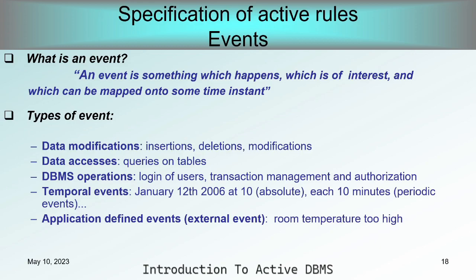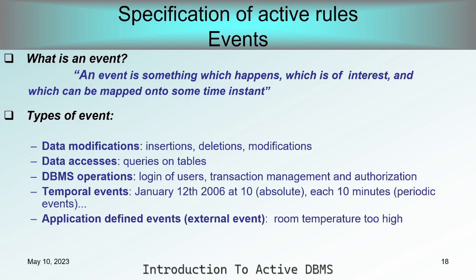So what is an event? An event is something which happens, which is of interest, and which can be mapped onto some time instant. So what are the types of event? It can be a data modification event, like someone inserting, deleting, or modifying the database. It can be a data access, like when you use a select statement to query your tables.